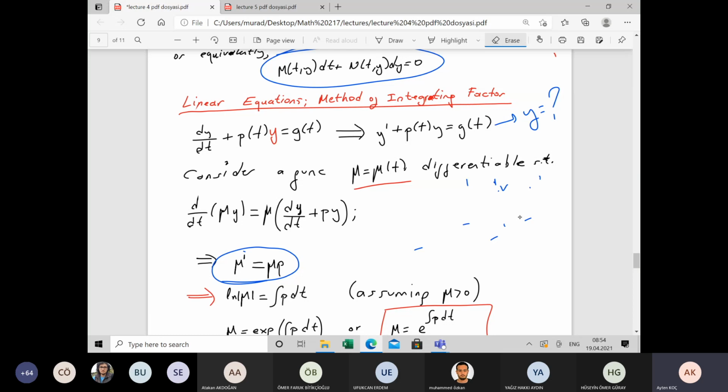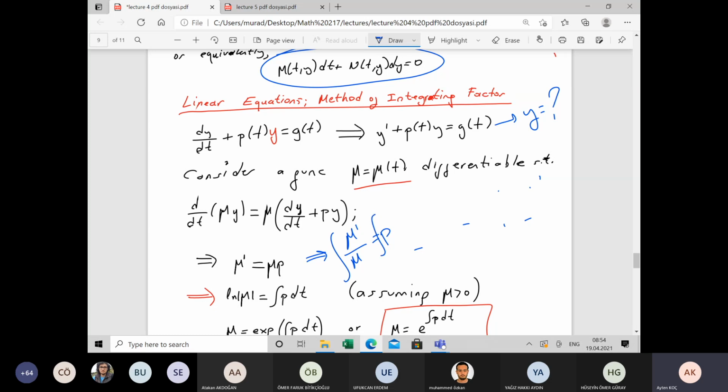Our aim is to get mu. How to get it? Integrating both sides. First rewrite, then integrate: mu prime over mu is p.